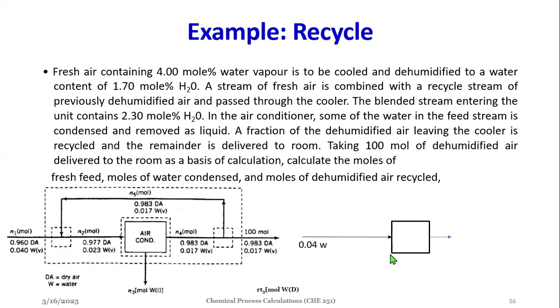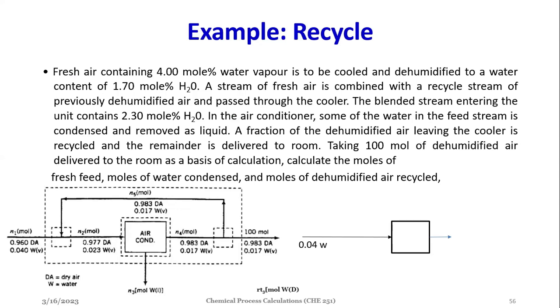What we are saying is that we have a feed coming in, and that's 4 mole percent of water vapor. So it's going to be 4 divided by 100. That's 0.04, the mole fraction of water in that stream, right? But then it is fresh air containing water vapor. It means that the balance is going to be dry air.